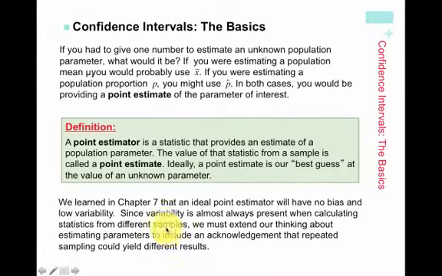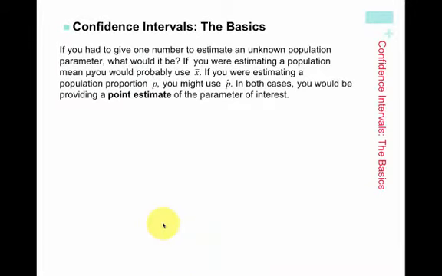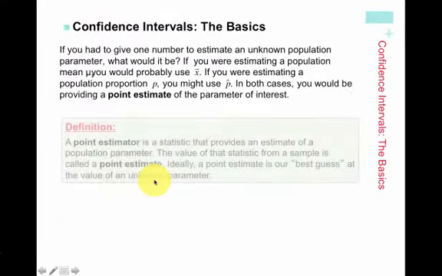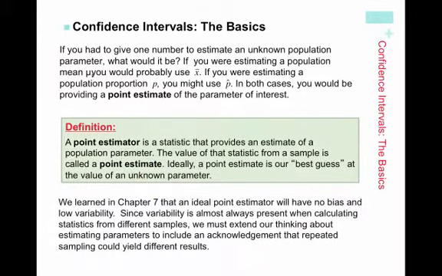Every sample that we take, if I were to run that calculator command multiple times, I would get many different point estimates. And because of that, we need to develop a method for accounting for that variability.